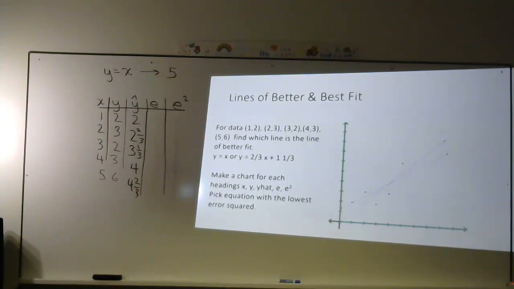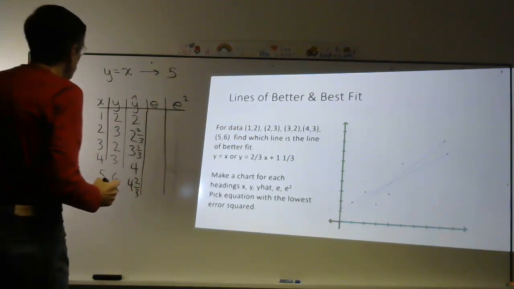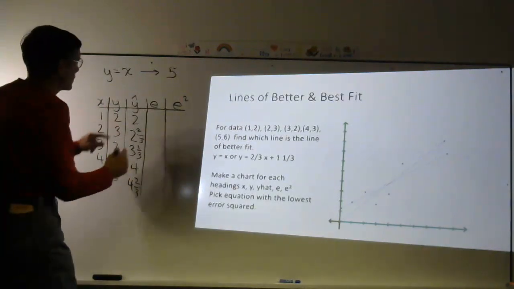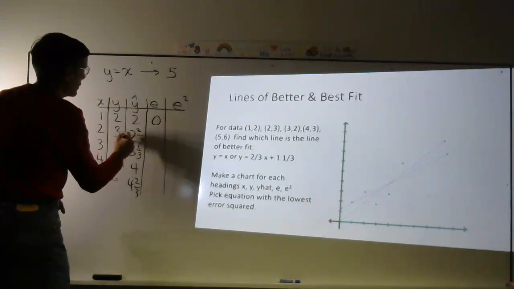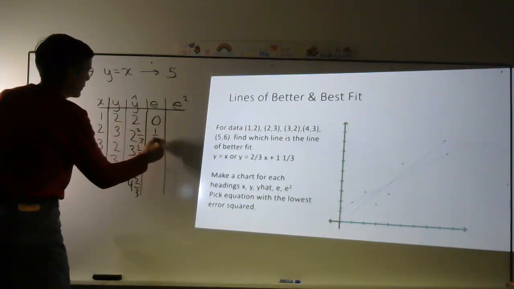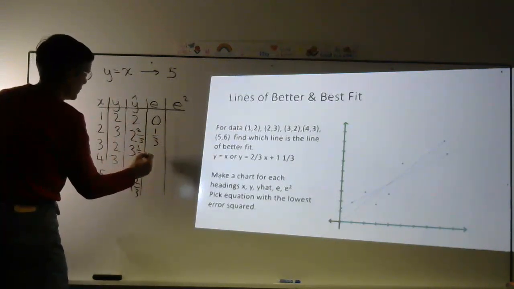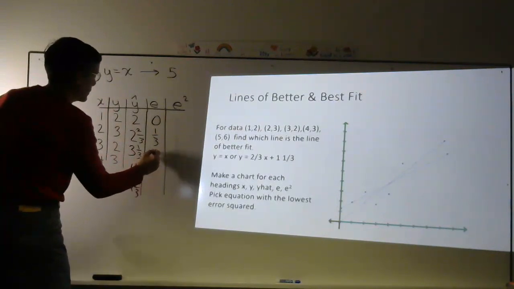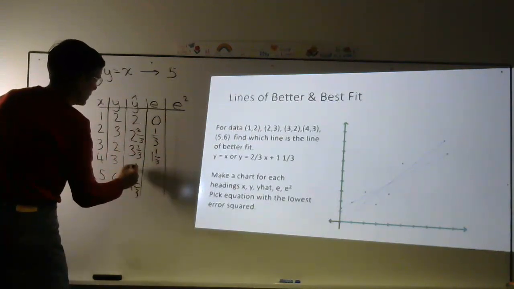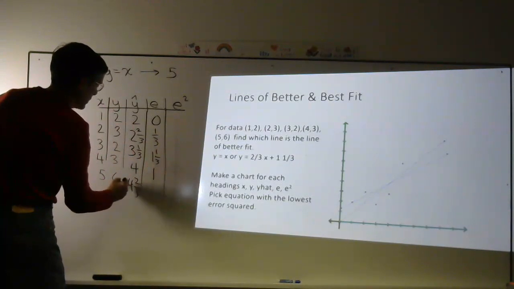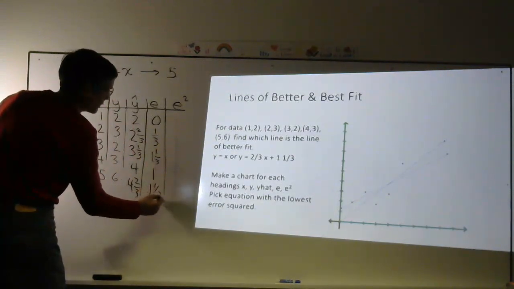Let's find our error and our error squared. The error here is 0. Error here is 1/3. Error here is 1 1/3. Error here is 1. Error here is 1 1/3.